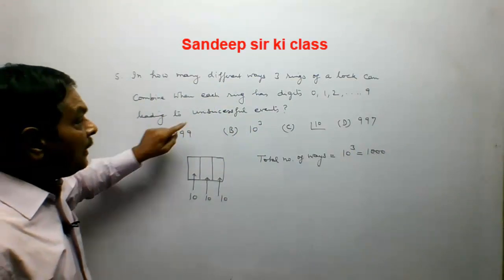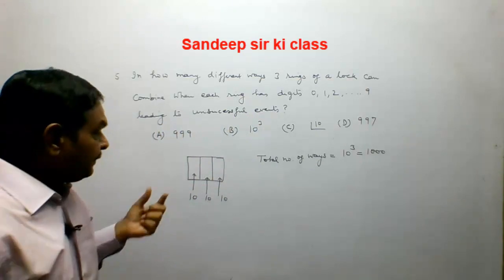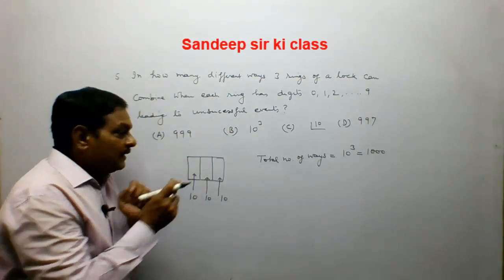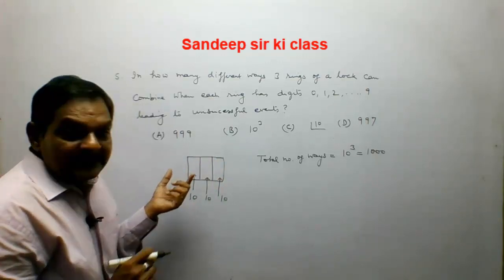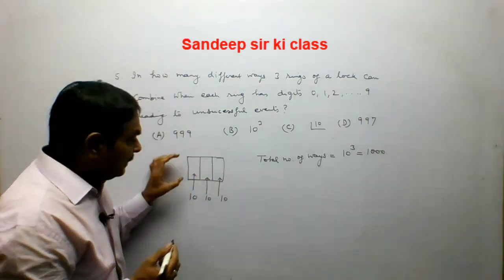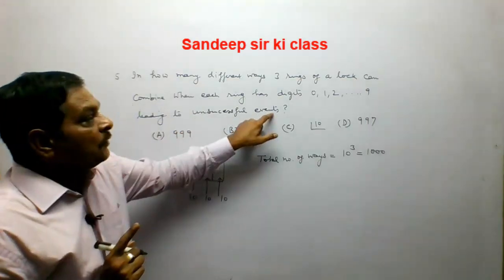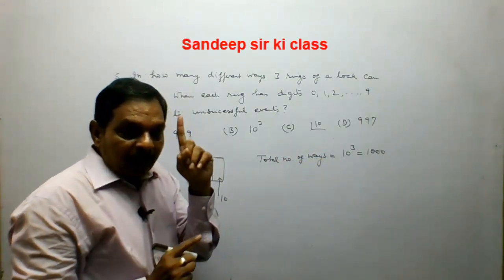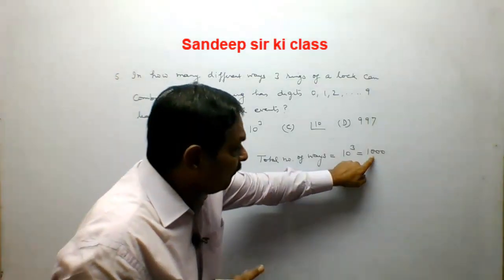Now we want the number of ways which are unsuccessful events, because we know that by one way this lock will be open, that will be a successful event, otherwise it will be unsuccessful. By any of the combinations, by one way only it will be open. So for unsuccessful events the number of ways will be 999, because that one successful event we have to subtract from 1000.